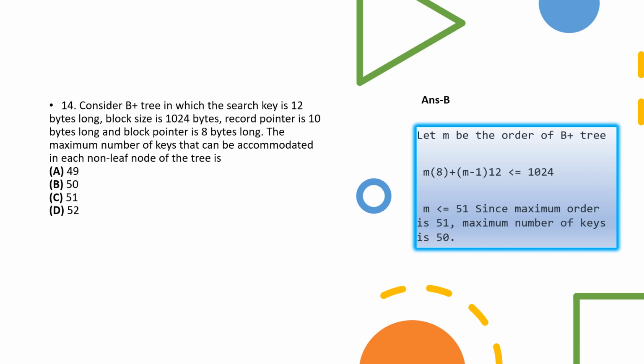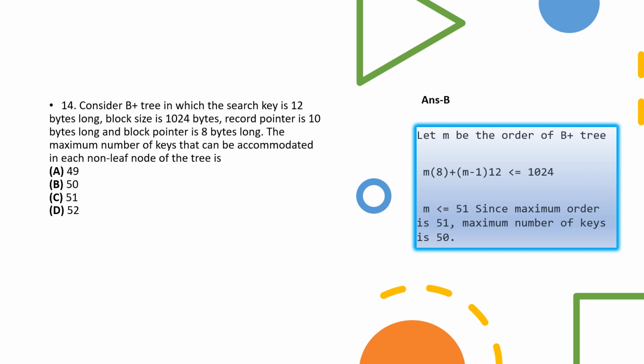If we talk about the structure of a non-leaf node, it is asking for the internal node. A block pointer would be on both sides, and in between one key will be there. If we have m block pointers, then m minus 1 keys would be there.